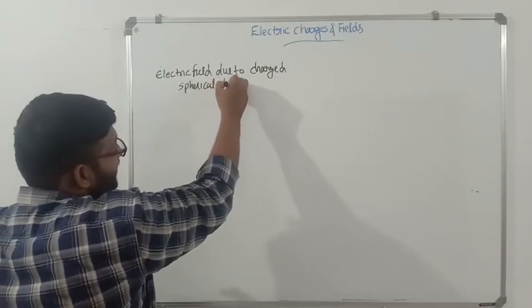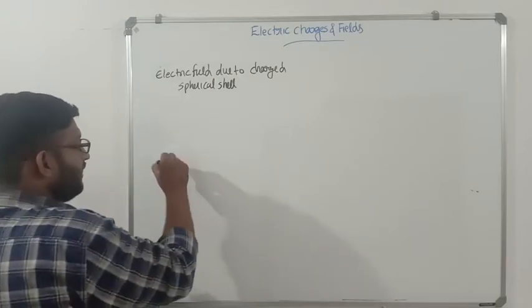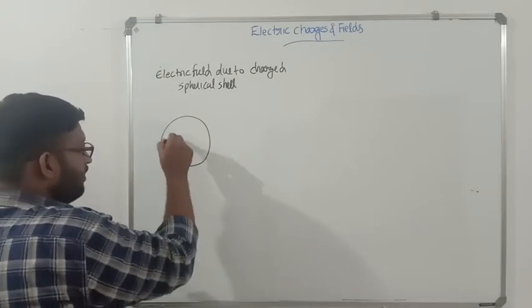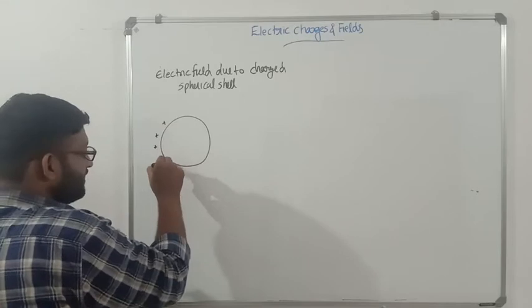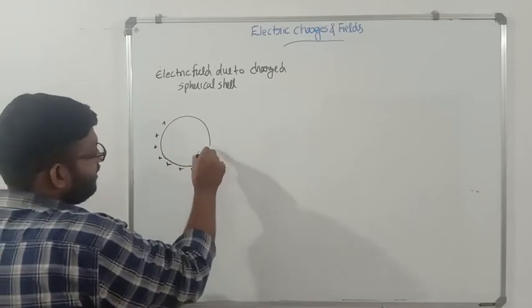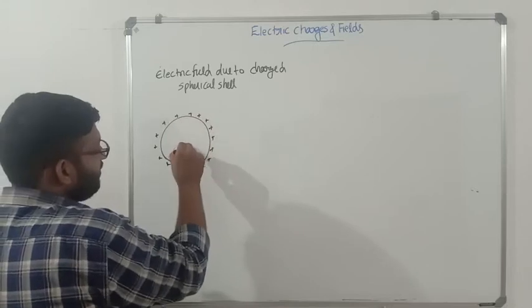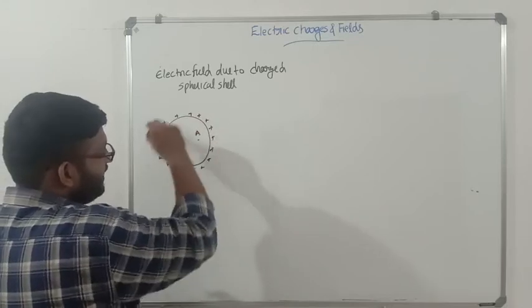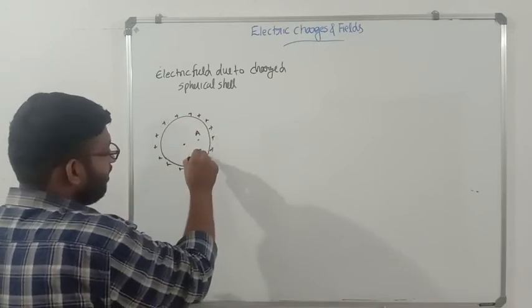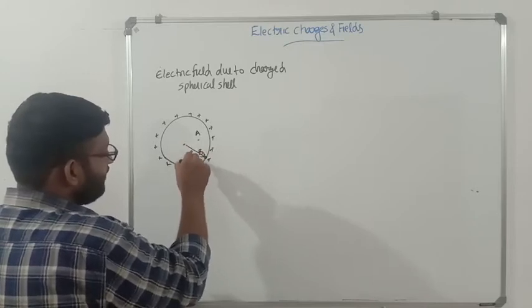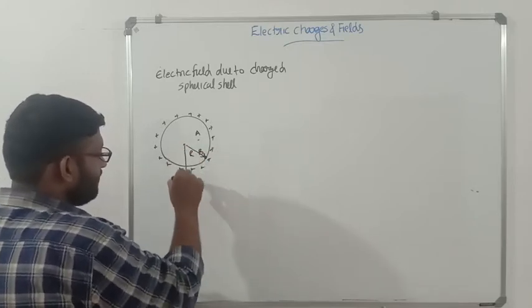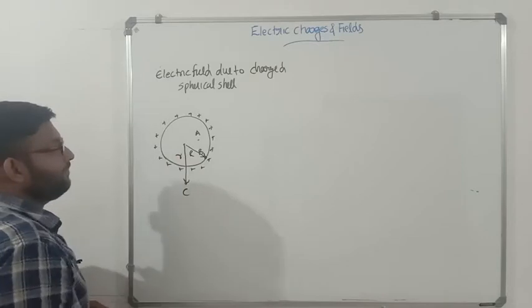Suppose you select a spherical shell like this, and it is charged spherical shell. We need to find electric field. I select 3 points. Point A just inside the sphere, point B on the surface at a distance of r, point C outside the surface at a distance of small r.